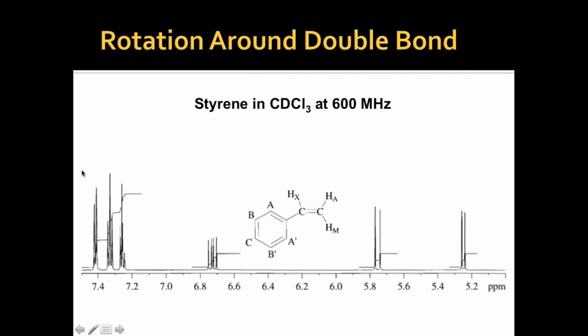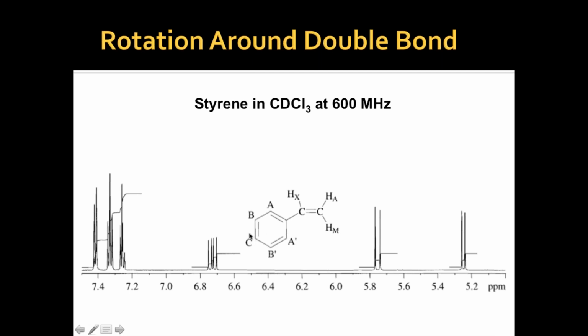Now the protons from the aromatic region: A prime, B prime, and C. You have 3 kinds of protons. The environment of the A prime hydrogens is different. B prime hydrogens are under the influence of A prime, and the C hydrogen is under the influence of B prime.